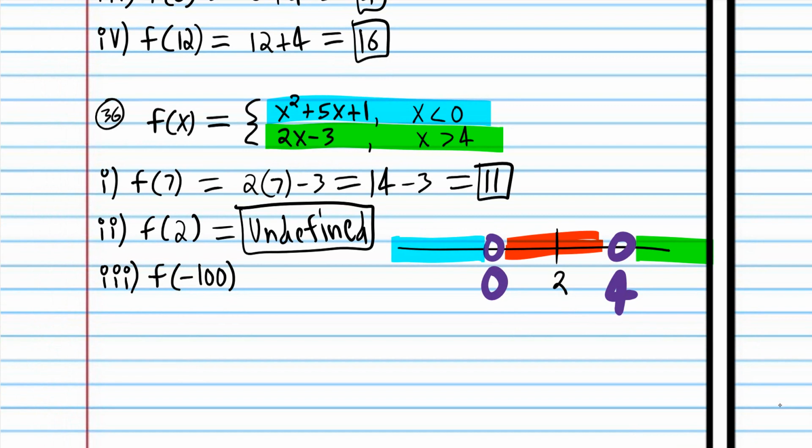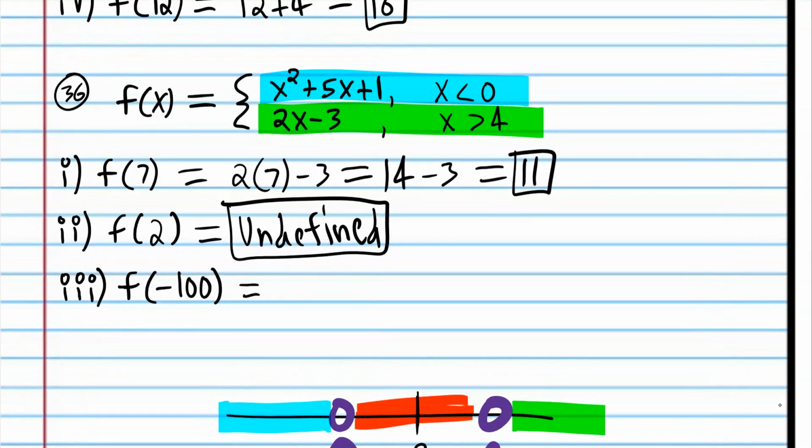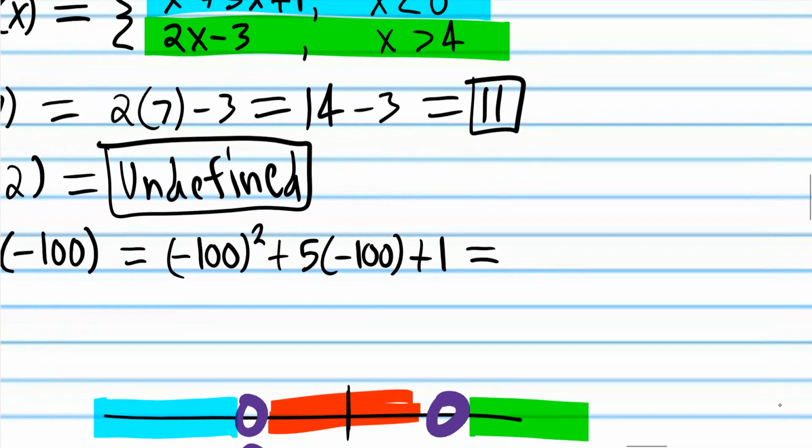And what about -100? Well, that's going to fall in the blue region there, so we have to plug in -100 to that expression. So we have -100 squared plus 5 times -100 plus 1, and -100 times -100, that's going to be positive 10,000.